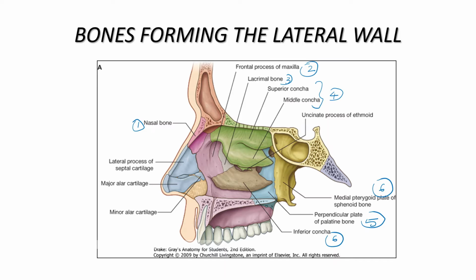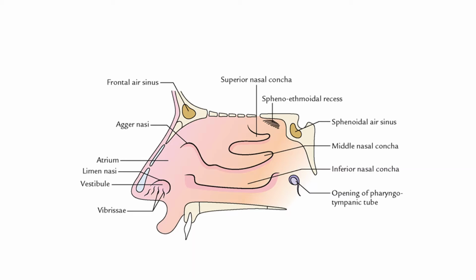Moving on to the features which are seen in the lateral wall. The lateral wall of the nose is not uniform or even throughout covered by the mucous membrane. This lateral wall represents certain elevations which are called the conchae.